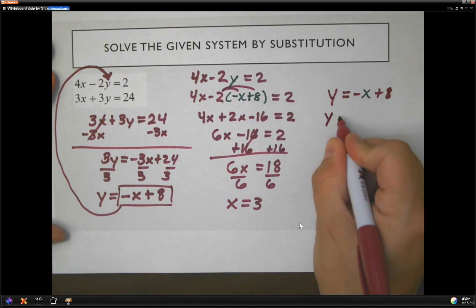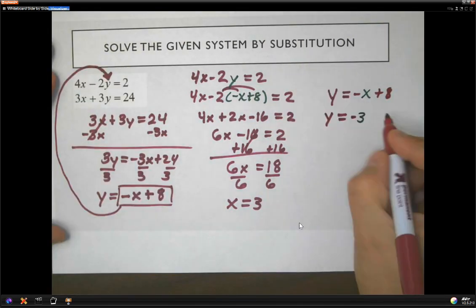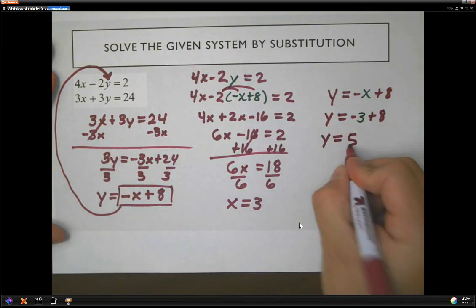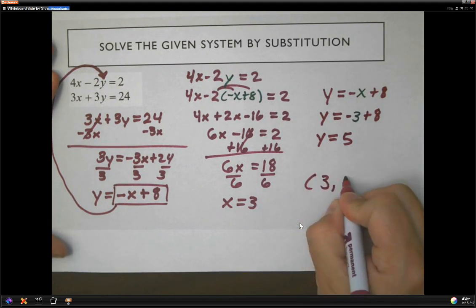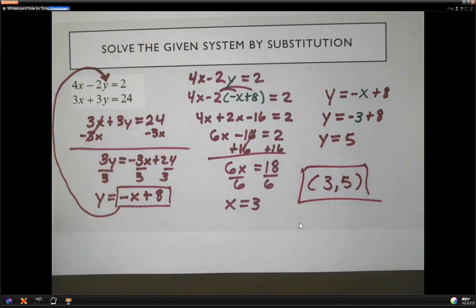So I get y is equal to negative 3 plus 8, and then do my simplifying. So I get 5 here, and now I have my complete point, 3, 5. So again, if I were to graph this, these two would intersect at the point 3, 5.